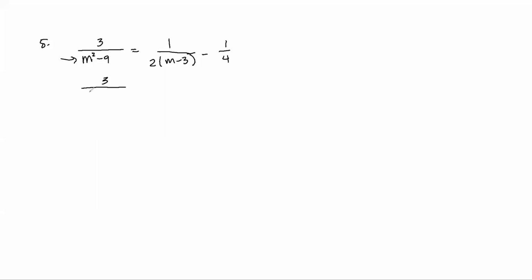So m squared minus 9, you would factor into your 2 sets of parentheses. We have an m times m for m squared, 3 times 3 for the 9, plus or minus, so m plus 3 m minus 3. This one's already nicely factored for us, so 1 over 2 times m minus 3. I'm going to leave a little bit of space, and then minus 1 over 4.